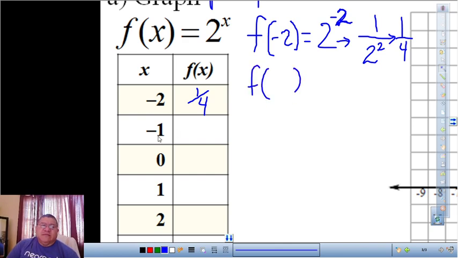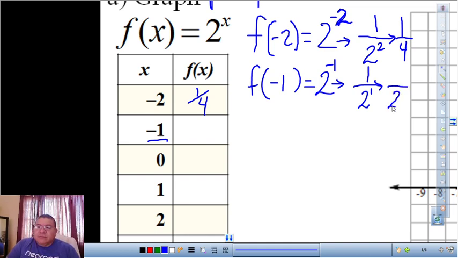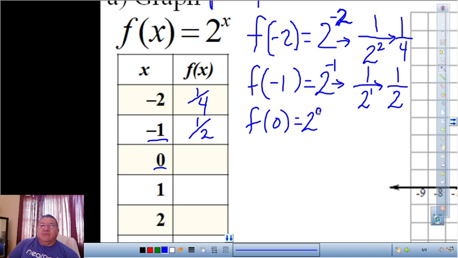So let's do the next one. What is my next value? f of -1 equals 2 to the -1. Once again, can we leave the negative exponent? No. 2 to the first over 1. Anything to the first power is the same number, so this is 2 and this is 1, so this is 1/2. Next one, f of 0, 2 to the 0 power. What do we know about any number to the 0 exponent? Yeah, 1.